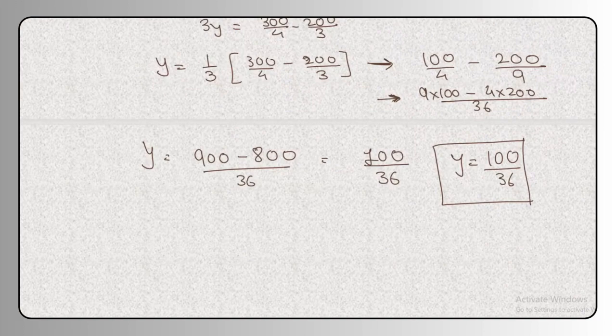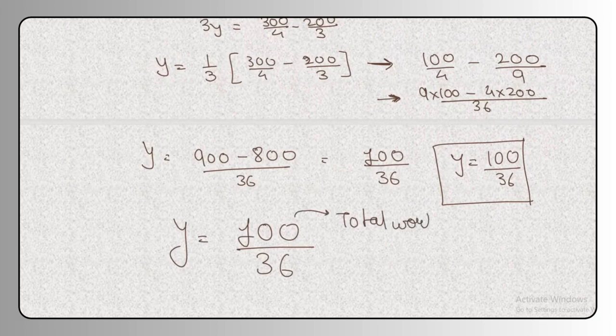And if you look at this carefully, it is 100 upon 36. So 100 here represents the total work, and 100 upon 36 represents a fraction of total work.